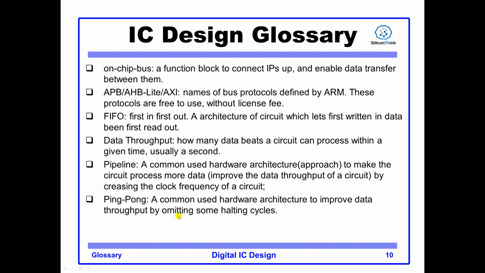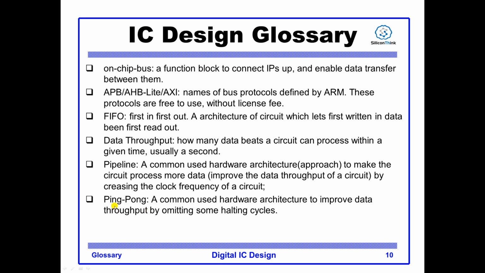Ping pong is another hardware architecture to improve data throughput, but the two are different. Pipeline mainly increases the clock frequency, while ping pong mainly omits the idle cycles when the circuit is working.